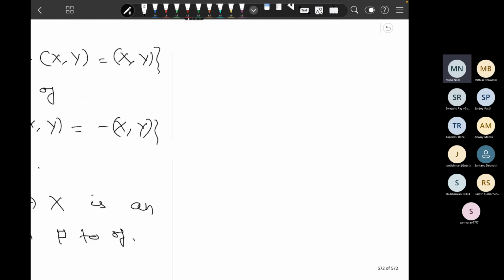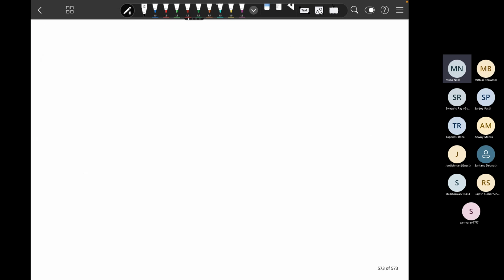Now I want to talk about the so-called adjoint representation. Okay, isotropic representation. Let us write isotropic.